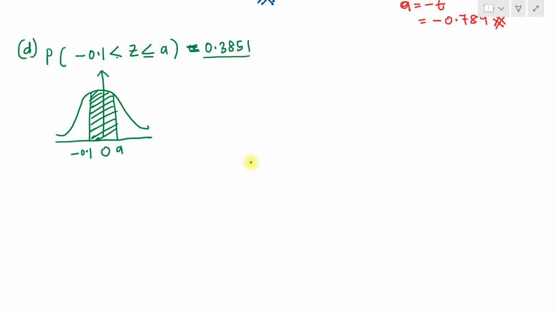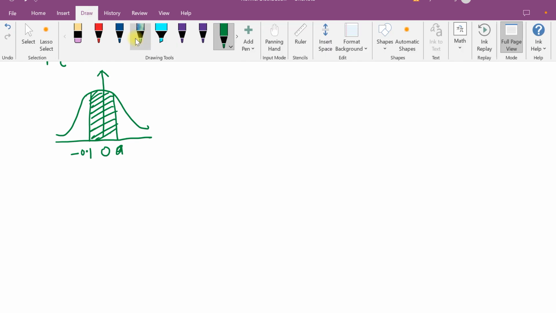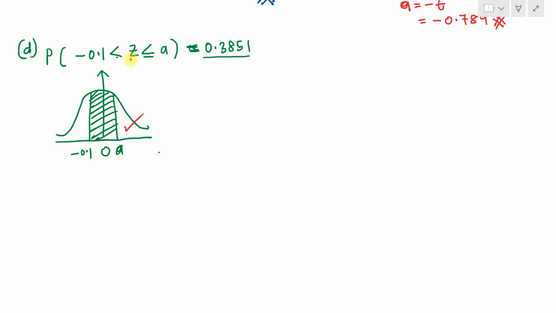So, probability negative 0.1 A, right? A is positive, so I don't mind putting it here. If it is negative, then only you need to let it equal to negative t. So if like this, you all know which one you can read from the table, this part and this part. So, 1 minus probability Z greater than A, and negative 0.1 kita akan reflect kan?